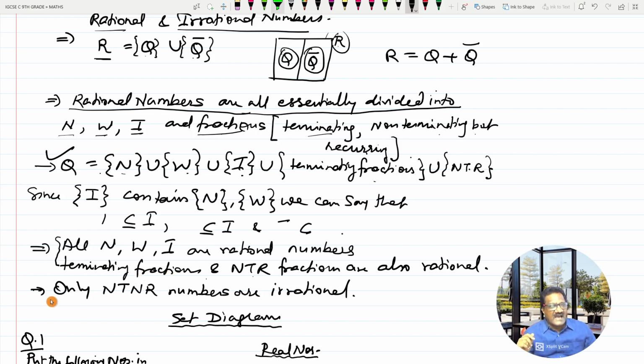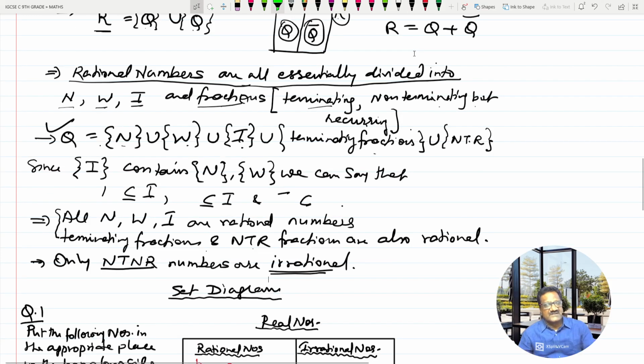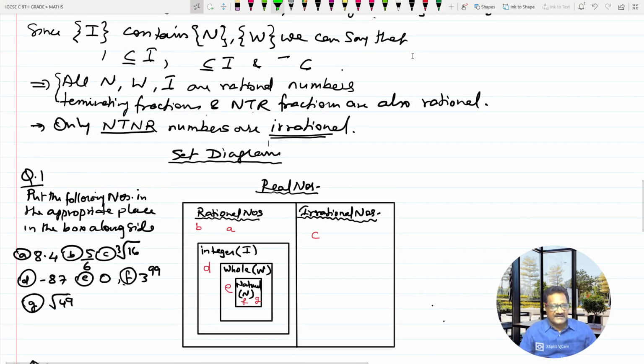And last but not the least, only NTNR. NTNR means non-terminating, non-recurring. Non-terminating, non-recurring numbers are only irrational numbers. But remember, don't only check whether it is non-terminating or non-recurring. There are other ways also of finding out whether a number is irrational.